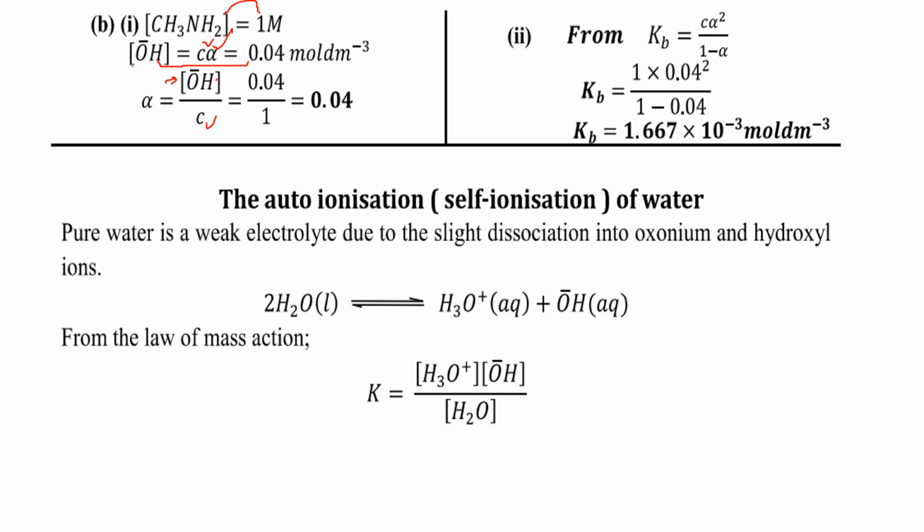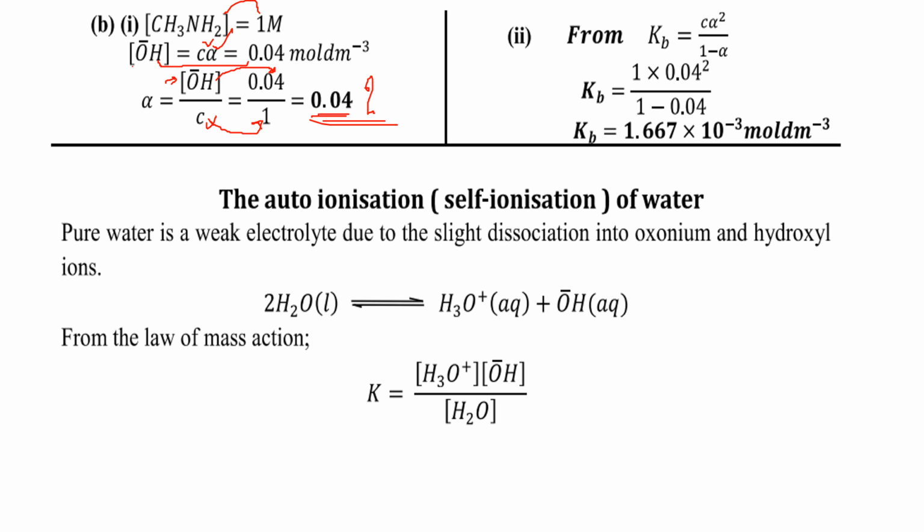Since molar concentration of hydroxyl ions was given as 0.04, we divide it by the given concentration, which is 1. You are going to end up with 0.04. Now notice that here, the degree of dissociation does not have units. It only has units when you express it in percentage. But when you're putting it in decimal places, it does not have units.